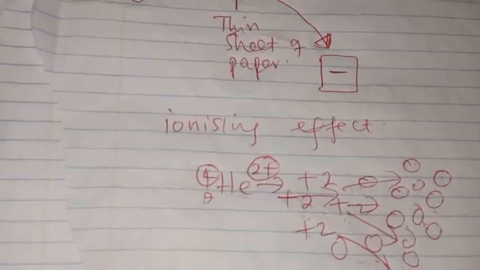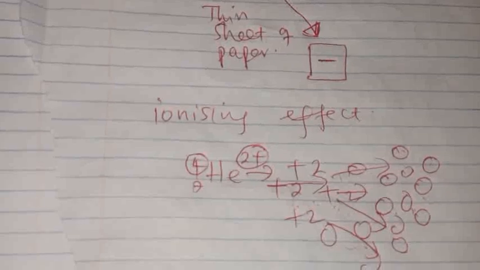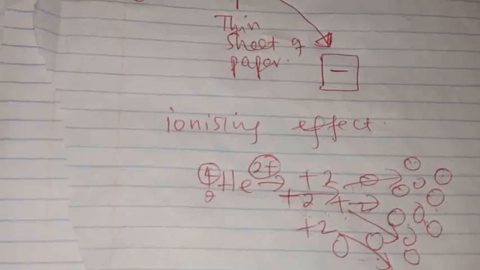It ends up moving very slowly, and as it moves slowly, it has a longer time in contact with the target atoms in the air. The longer time it has in contact with the target atoms, the higher its ionizing power.